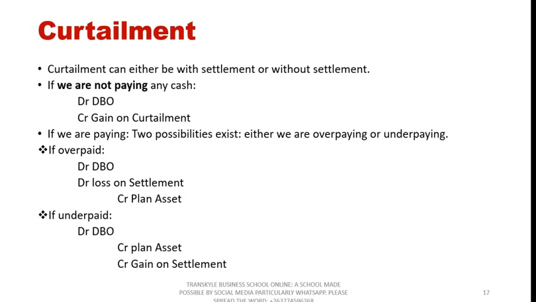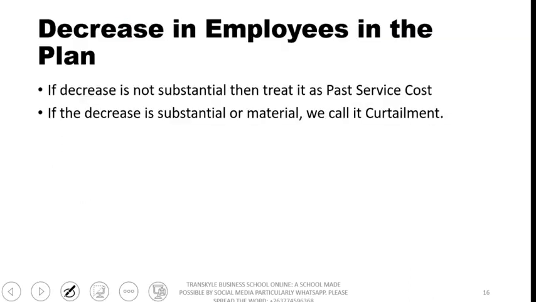Remember, the issue of decrease in employees in the plan is something that is very common with the empowerment of employers these days. The Labor Act actually allows them to fire employees whenever they feel that their operations are no longer compatible with the employees.